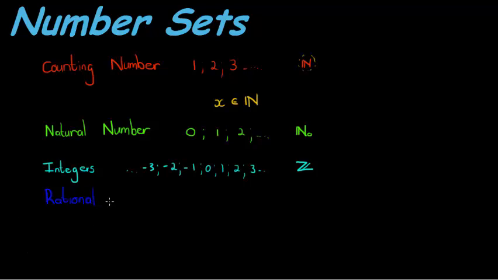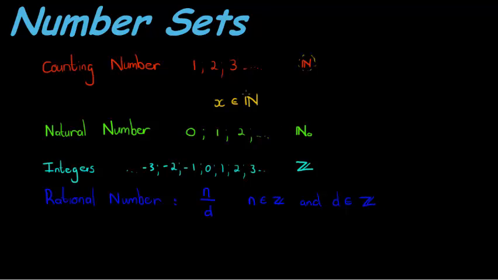Now a rational number, well, let me write it like this. A rational number is any number that can be written as a fraction. So a rational number is any number that has a numerator n divided by a denominator d, where n is an element of the integers and d is an element of the integers.